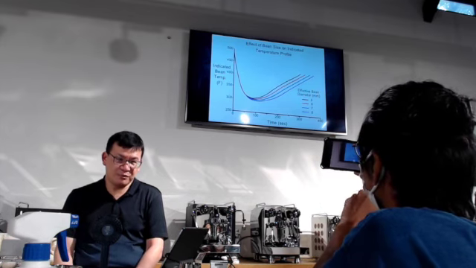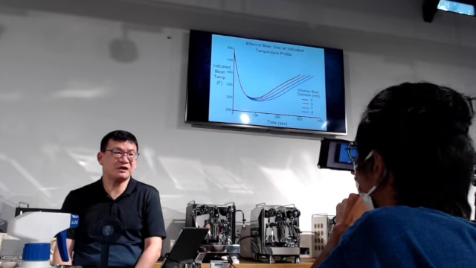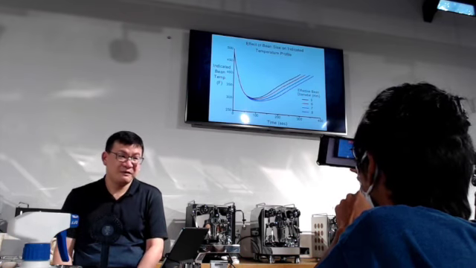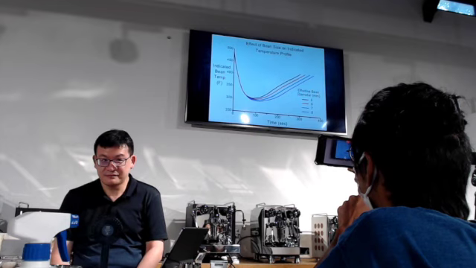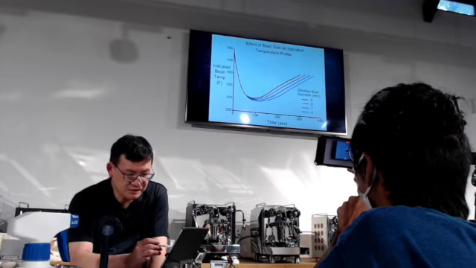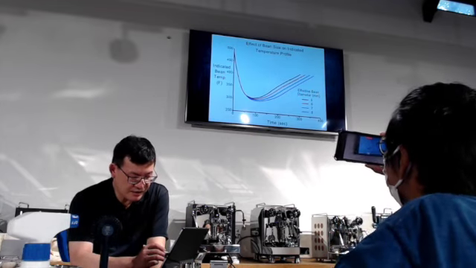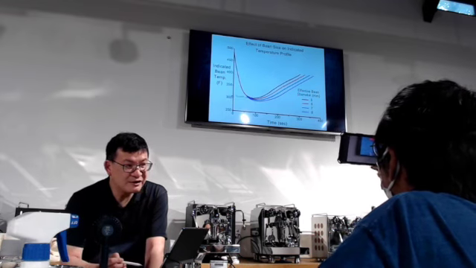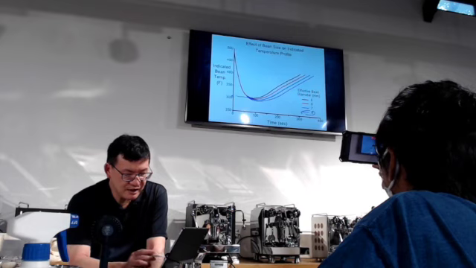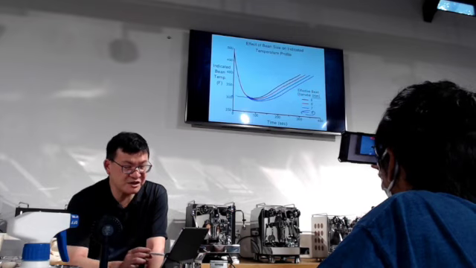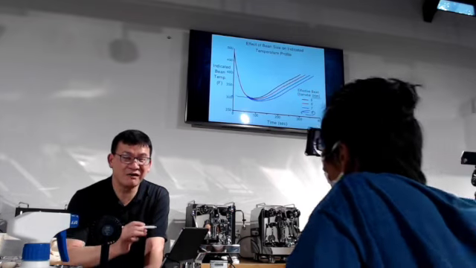Same roasting profile, same roasting setting, but different sizes of beans. So the small beans, higher turning point. The large beans, 8 millimeter is like a Patamara.